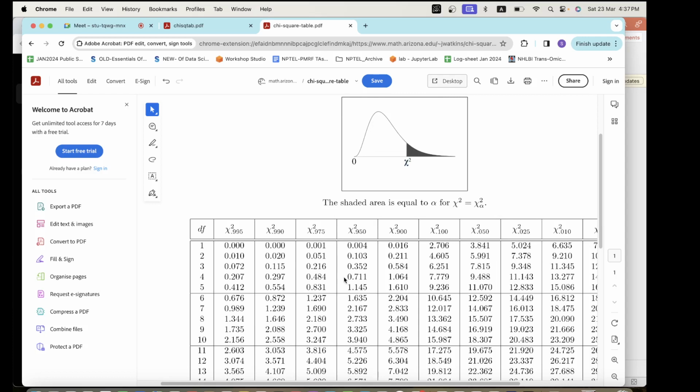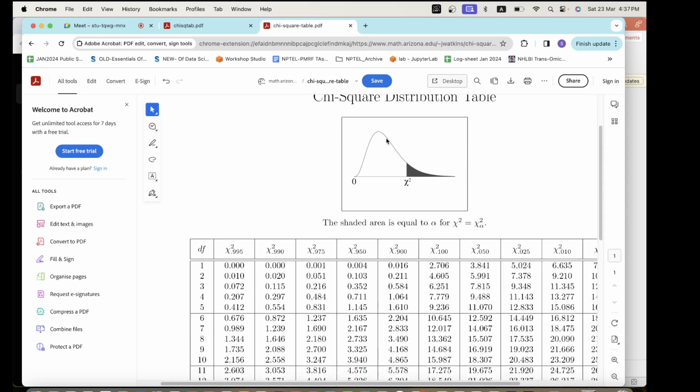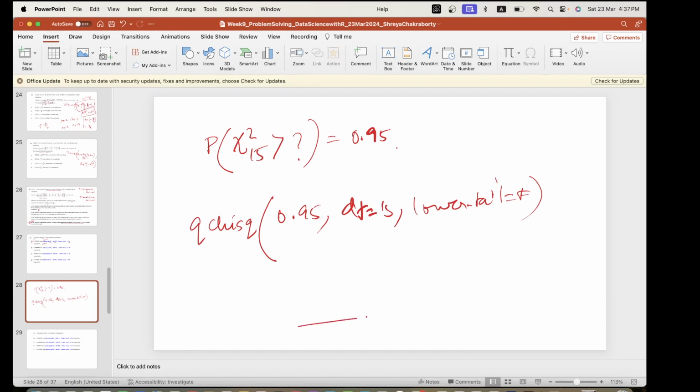So for example, in our case 7.261 would be somewhere here. Okay, so let's say I'll draw it here.